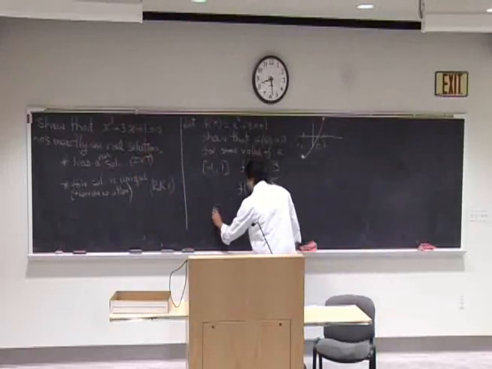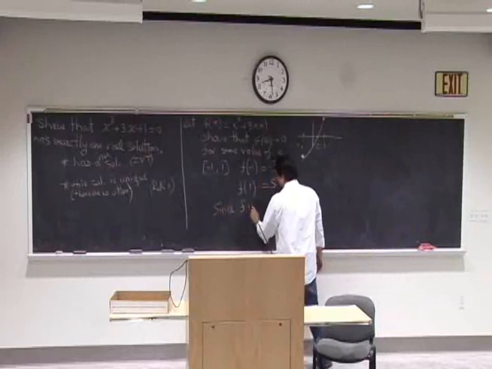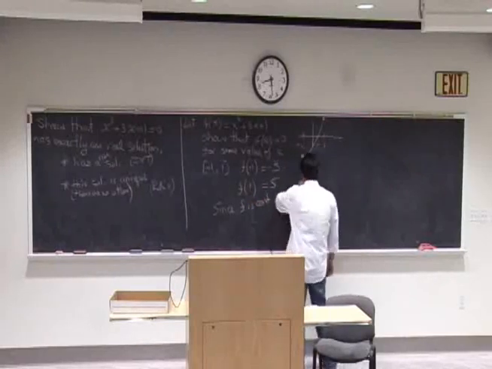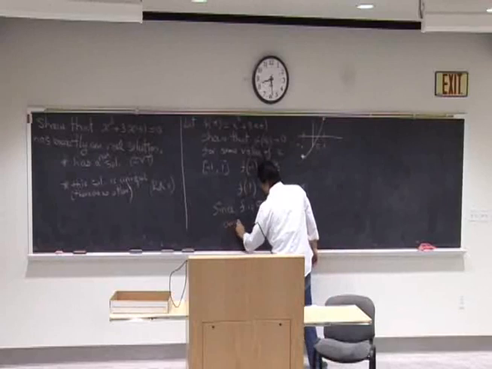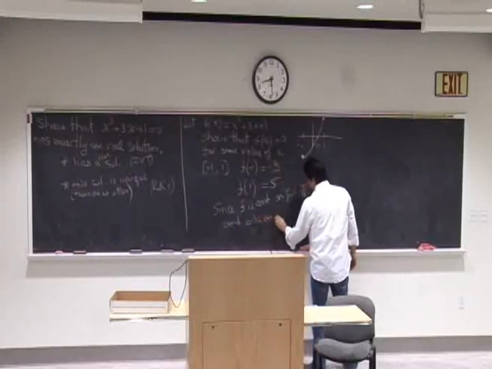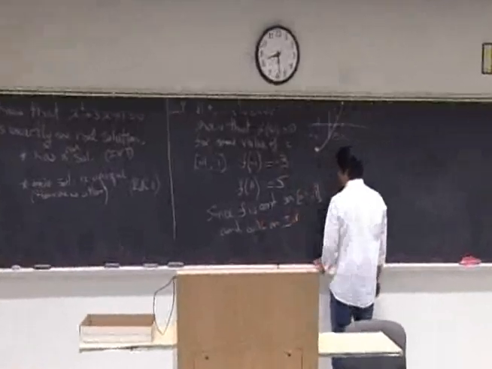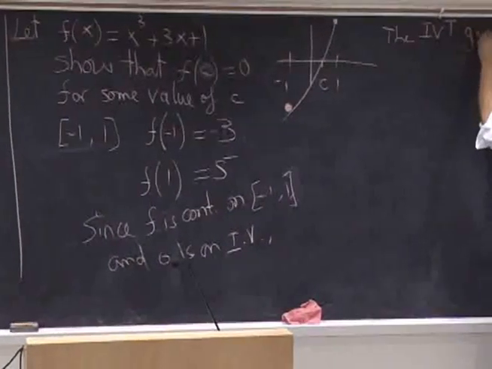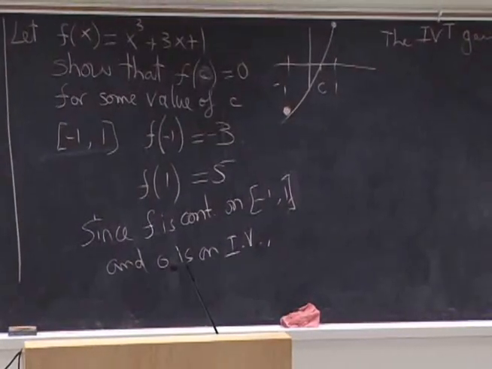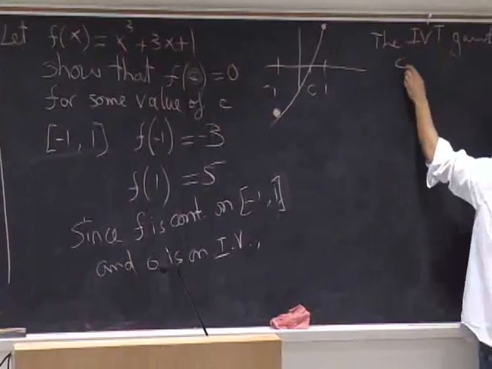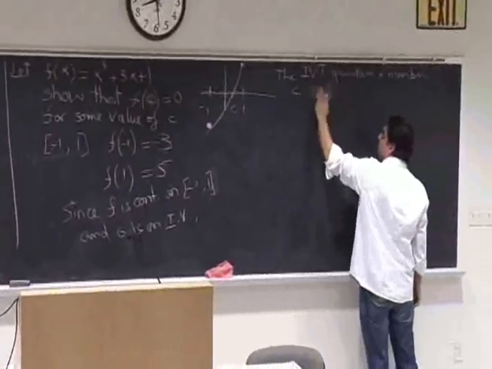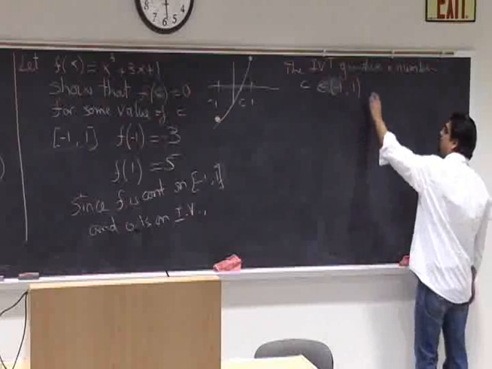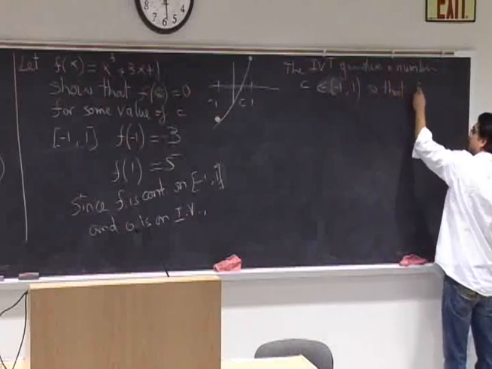So, since f is continuous on negative 1, 1, and 0 is an intermediate value, we can say that the intermediate value theorem guarantees a number c within the interval so that f of c is 0.